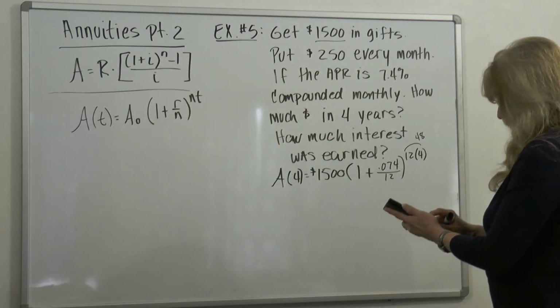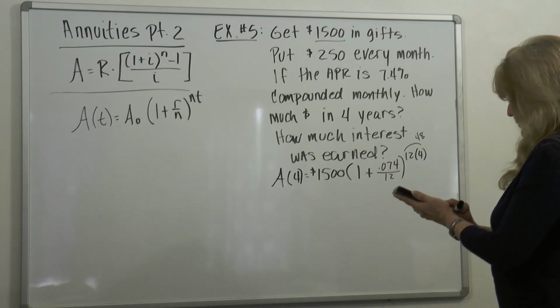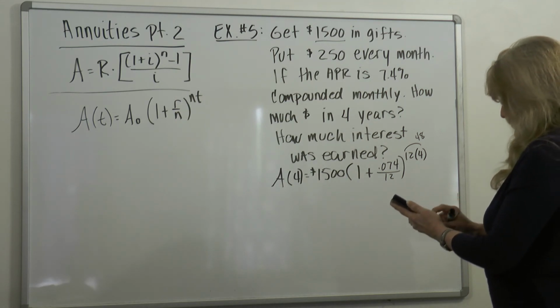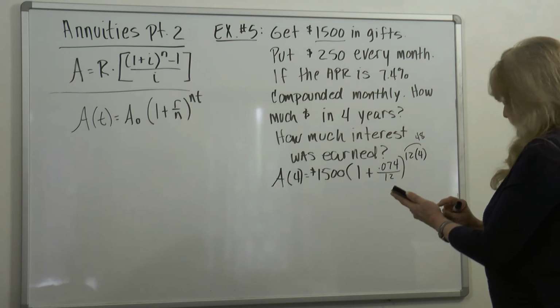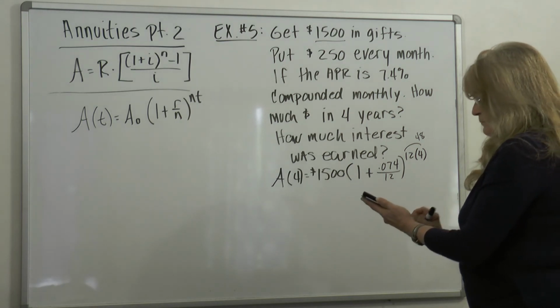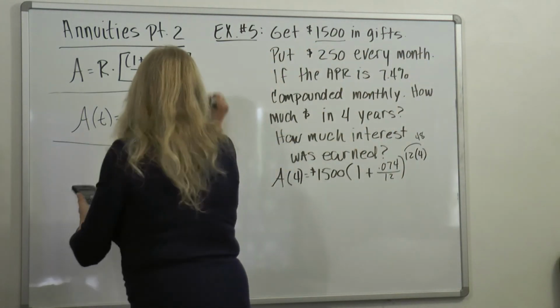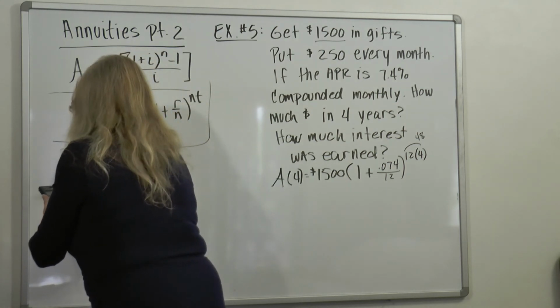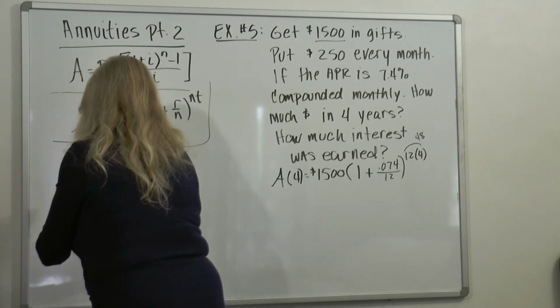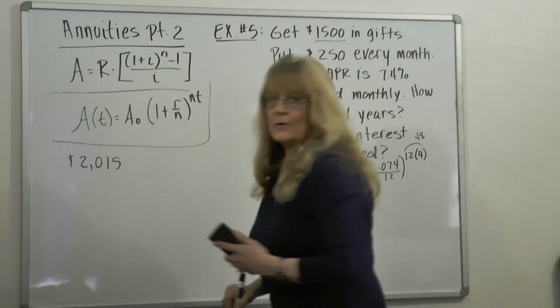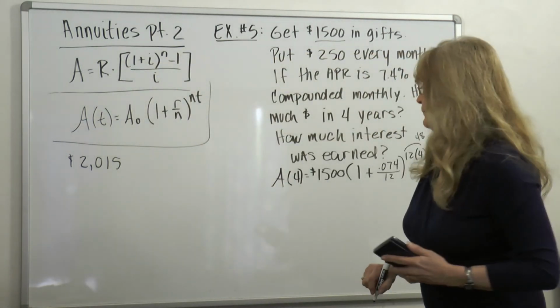So 0.074 divided by 12 plus 1 to the 48 times 1,500. Write this over here. So our 1,500 is now worth that.